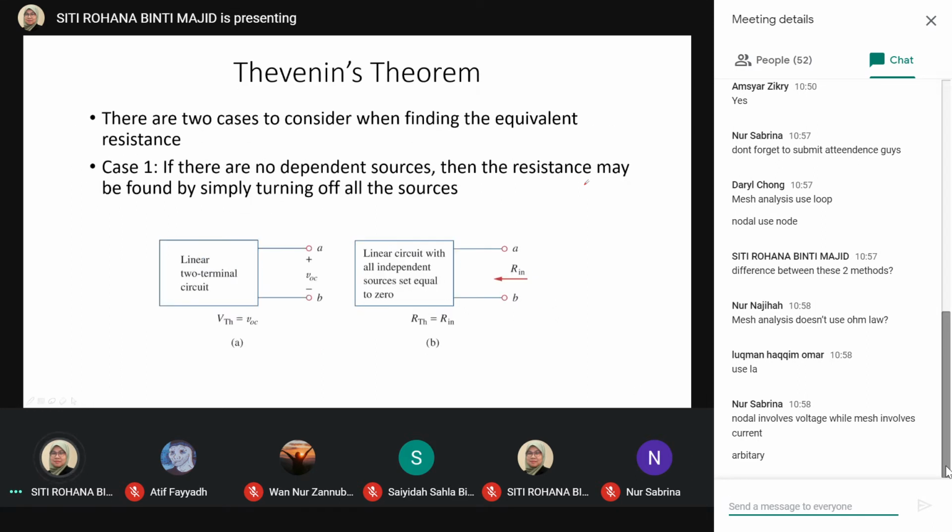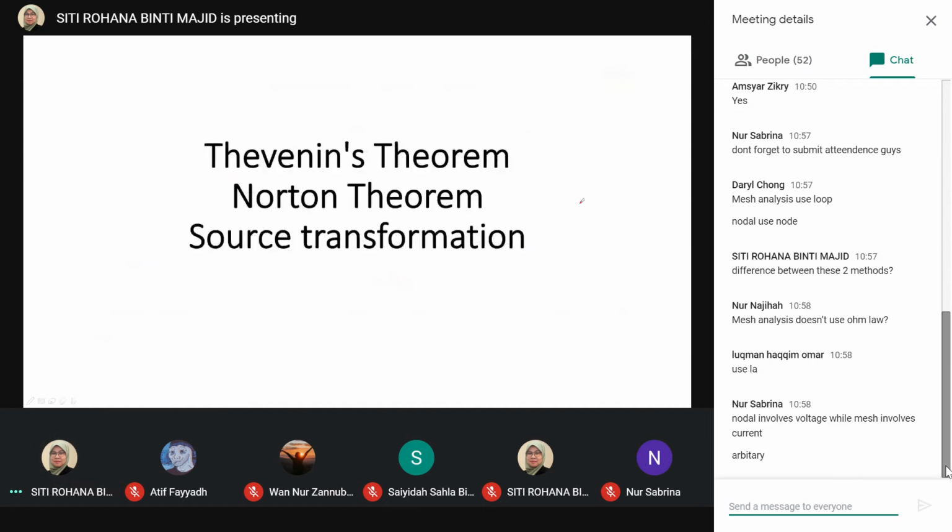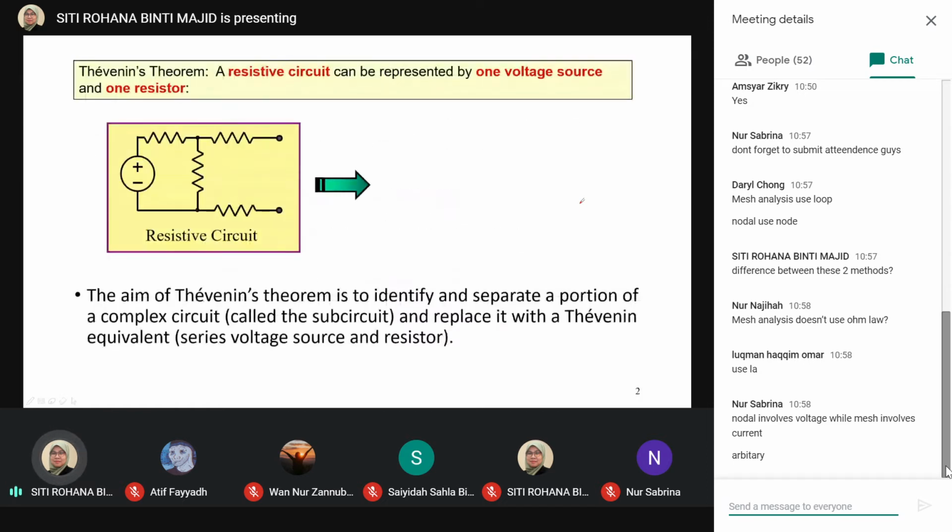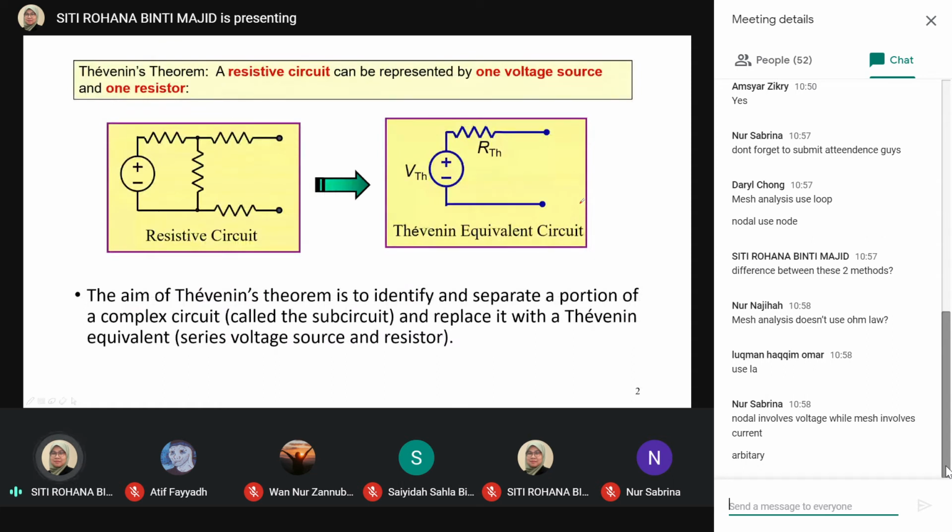So Thevenin's theorem: a resistive circuit can consist of one voltage source and one resistor, in which this voltage source is known as the Thevenin voltage, and the resistor is known as the Thevenin resistor.